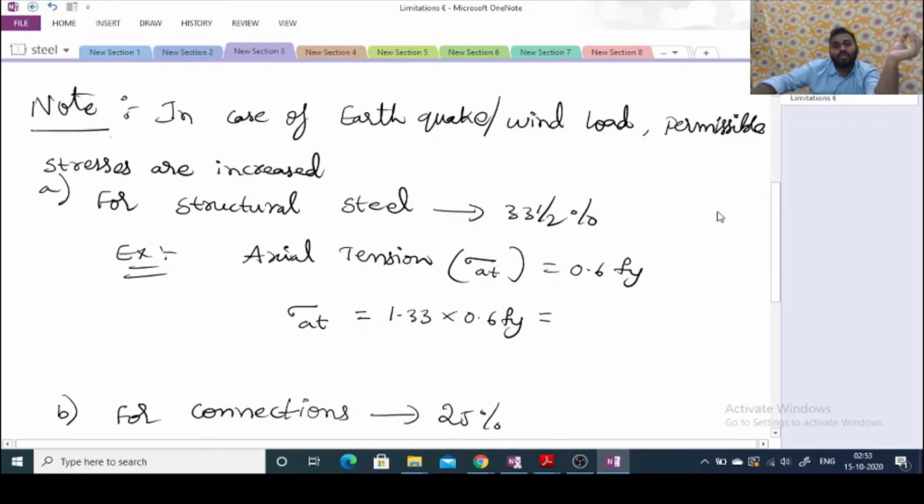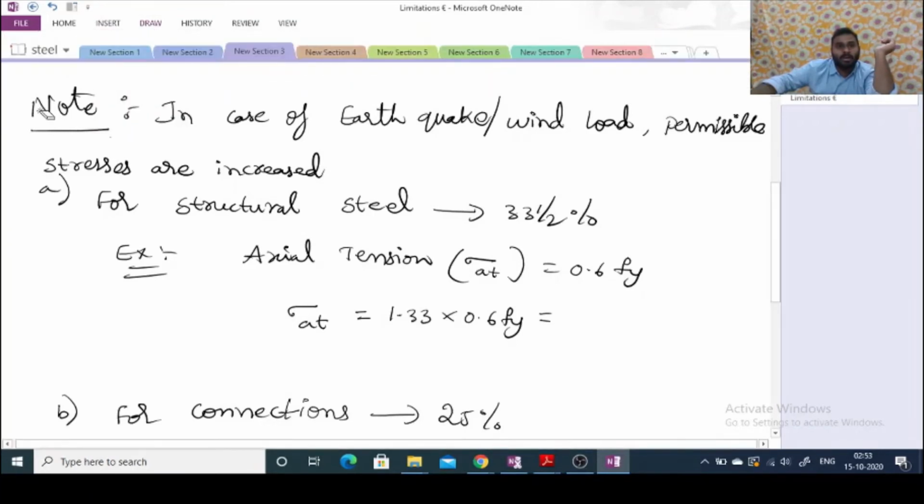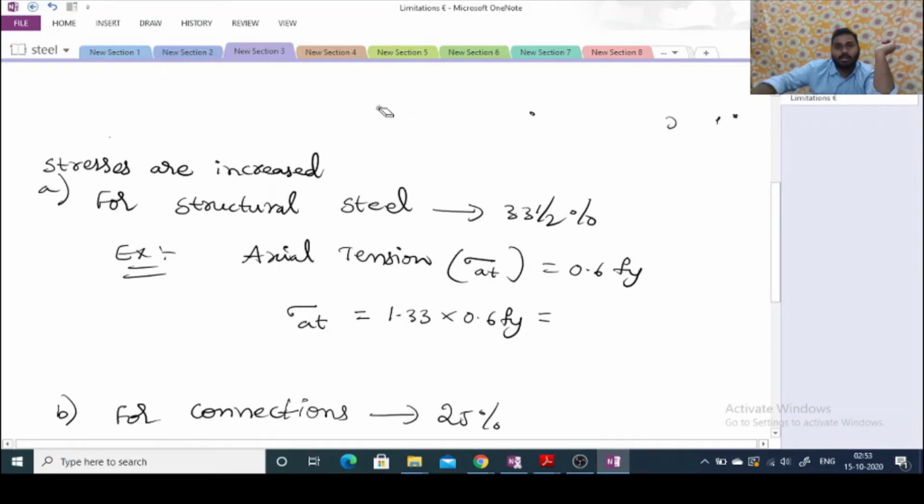How much is to be increased for structural steel? The increase is 33.5%, and for connections it is 25%. Is that okay? Now let us continue our discussion of limitations. I'm going to erase these notes, and we'll see the other limitations.